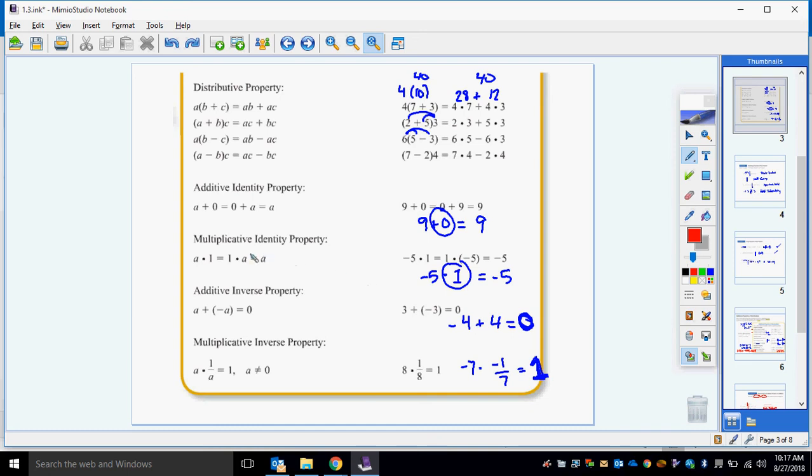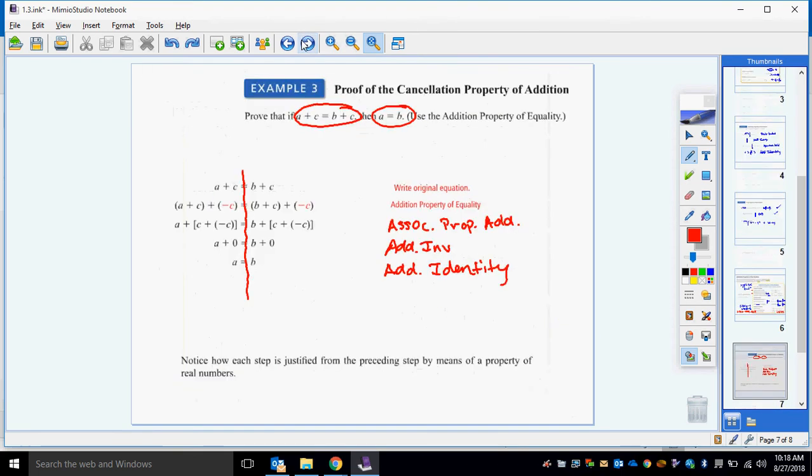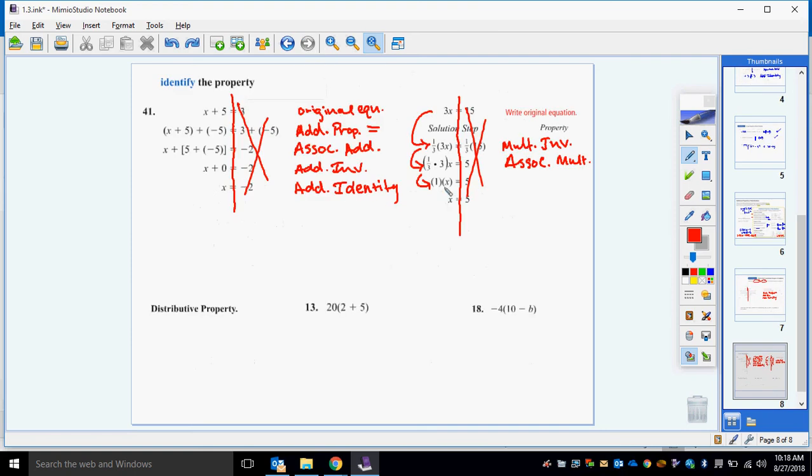Oh, you know what? I messed up earlier. I used inverse and it should have been identity. Multiplying by 1 gives you its identity, so let me go back and change this. Oops.